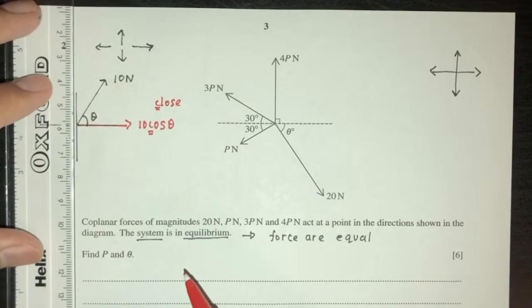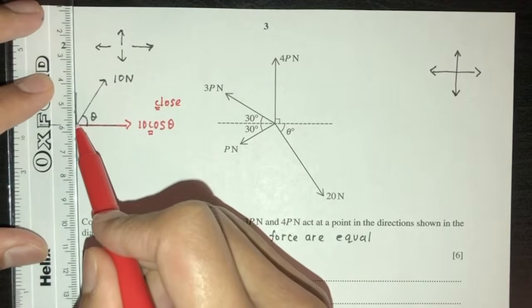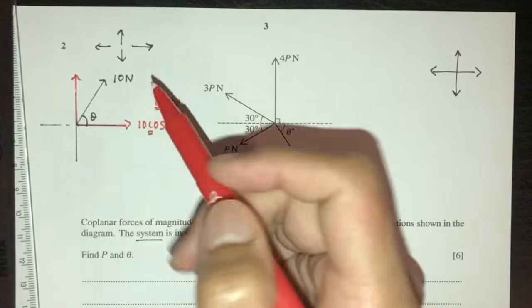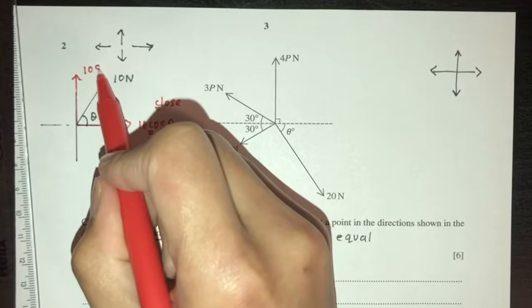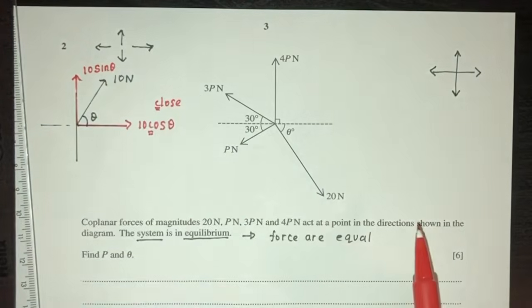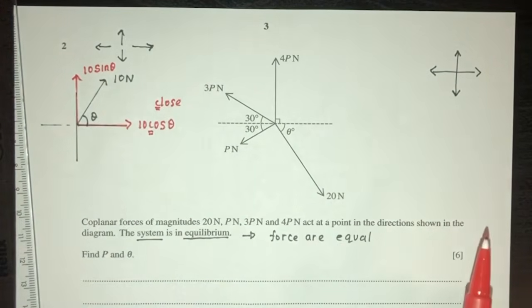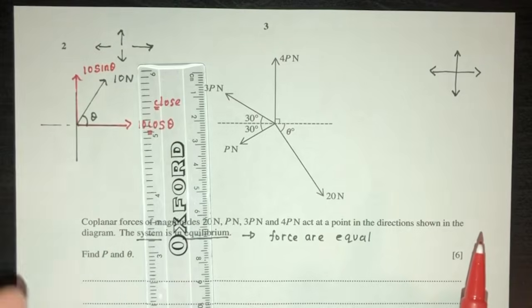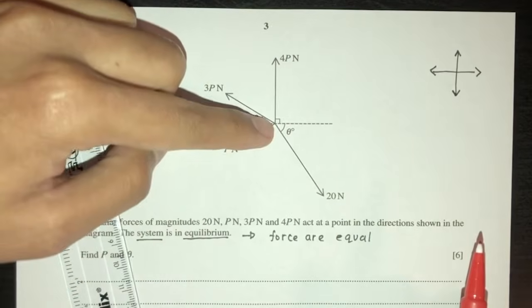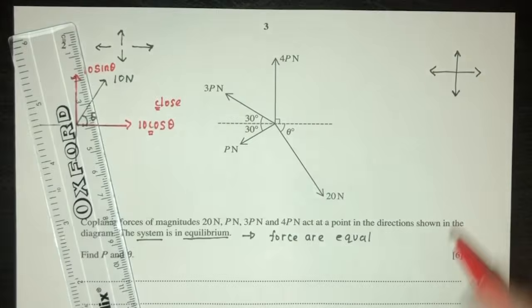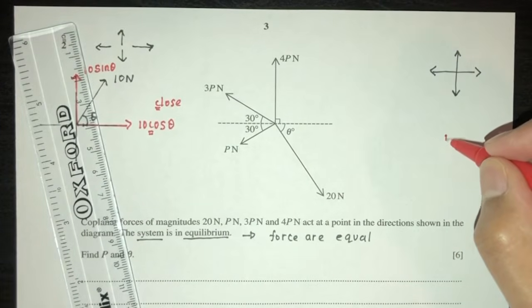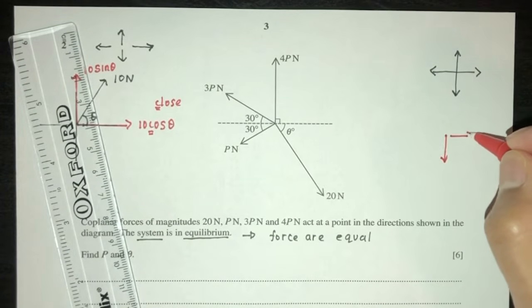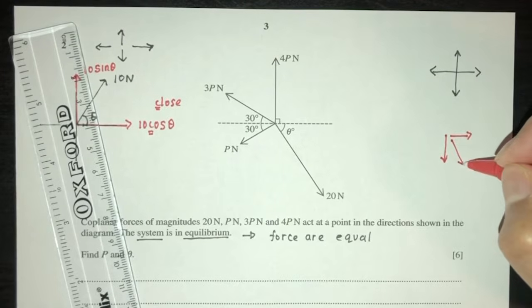Now for the other direction, we have only one other option. It will be 10 sine of theta. Proceeding the same way, let's say for example this one, you will have two components because your force is in this direction. We will have something like this and something like this because your resulting force is in this direction.